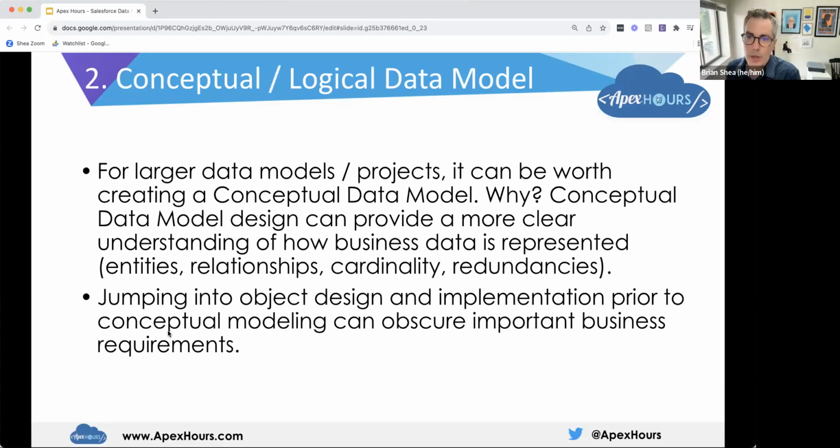But I would argue on bigger projects that a conceptual data model design can provide a much more clear understanding of how business data is represented. It can give a much clearer sense of requirements and entities, relationships, cardinalities, possible redundancies, and a lot of value in going through and doing the exercise of creating a conceptual data model rather than just jumping into creating your object model.